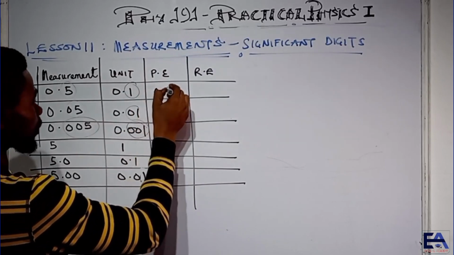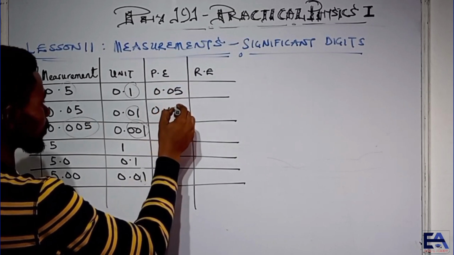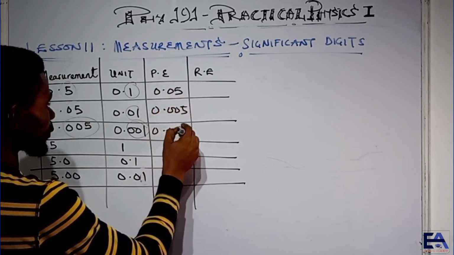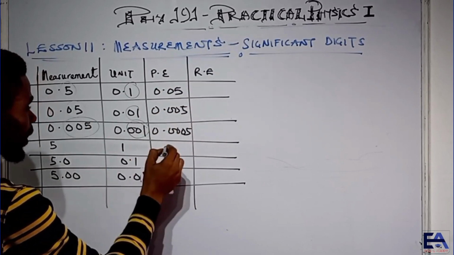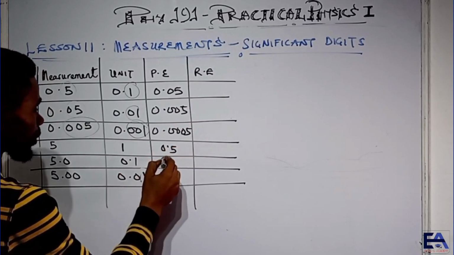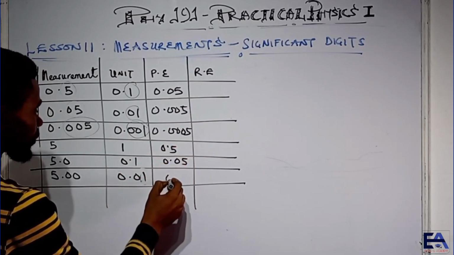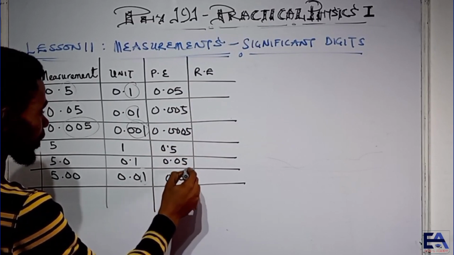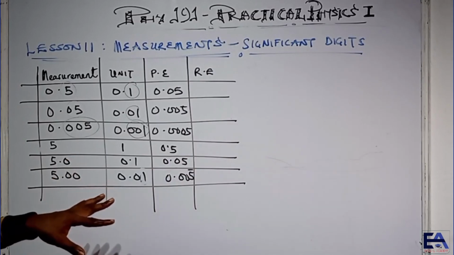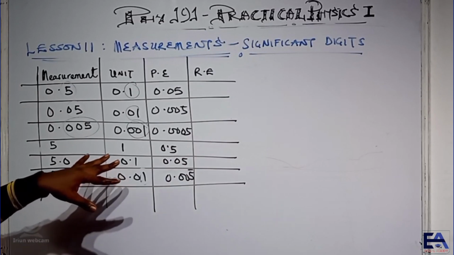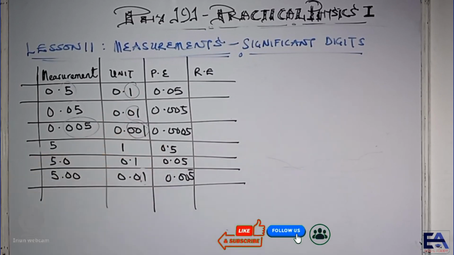So we are going to have 0.05 here, 0.005 here, 0.0005, okay? And then we have 0.5 here, we have 0.05 here, and then we have 0.005 here. All right, just check it out. Now, at the end of the whole thing, we are going to find the relative error.